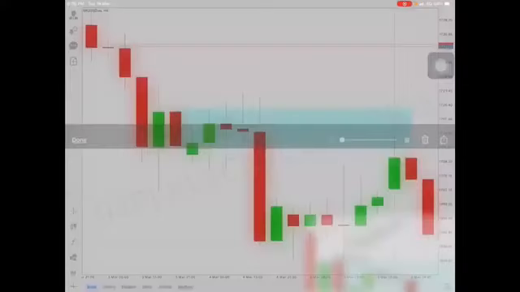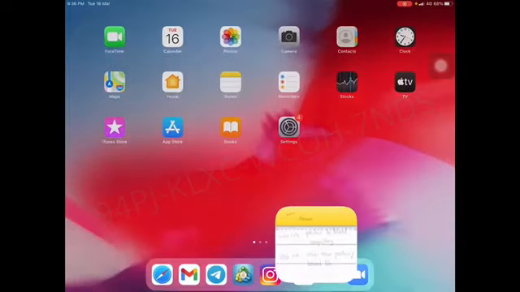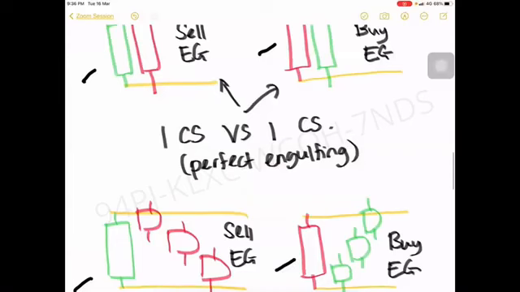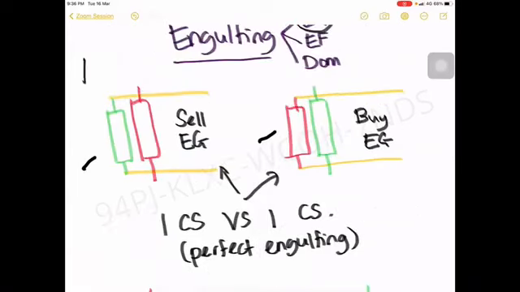Yes, because we have three types. This one is the first type: one candlestick eating one candlestick. This is low risk. And then we have number two. This is also low risk.